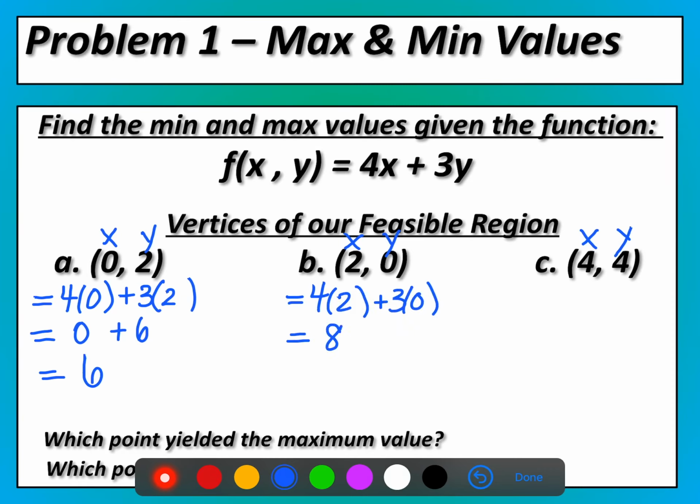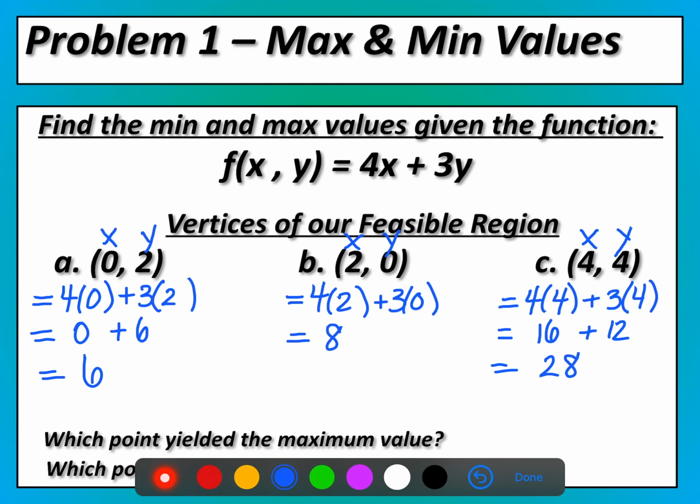Our second produces 8. And the third one is 28.